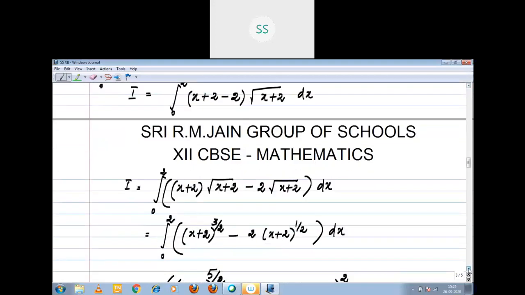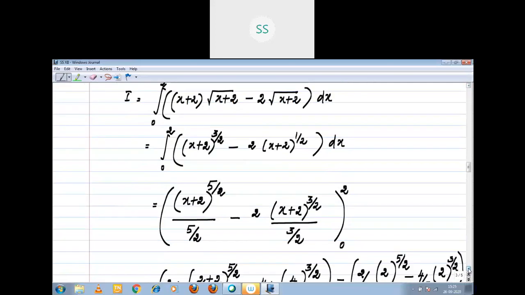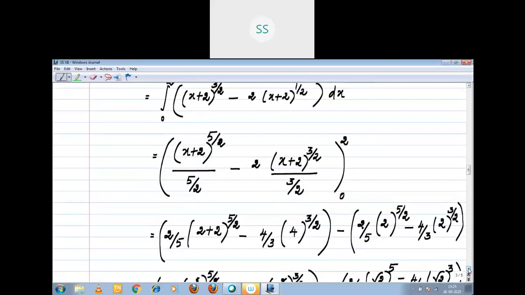Law of exponents: x power a into x power b equals x power a plus b. 1 plus half, I wrote as 3 by 2, here 1 by 2. Then I integrated. When I integrated 3 by 2, the power is 5 by 2 divided by 5 by 2. When I integrate x plus 2 the whole power 1 by 2, it becomes 3 by 2 divided by 3 by 2. Then I substituted the upper limit.